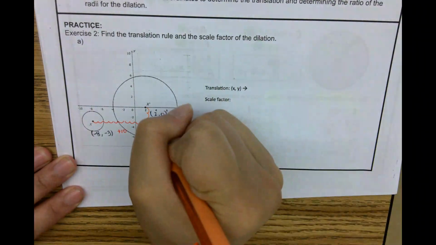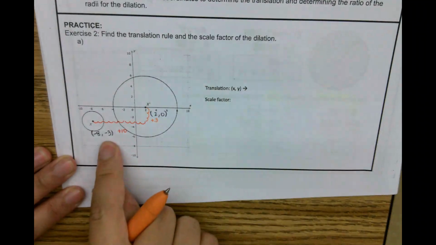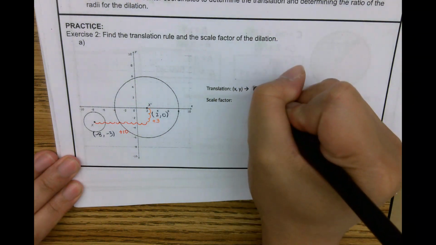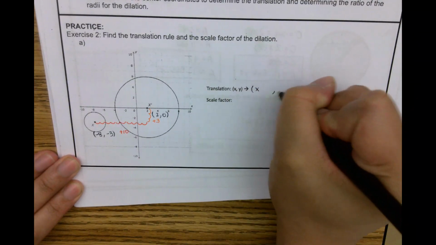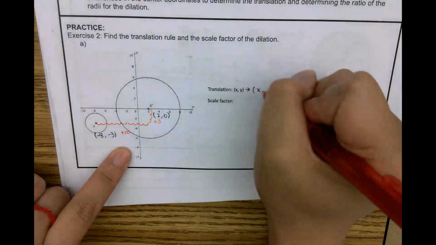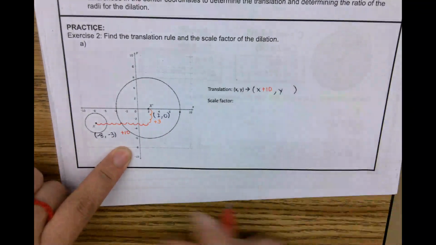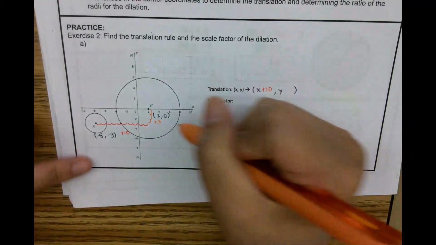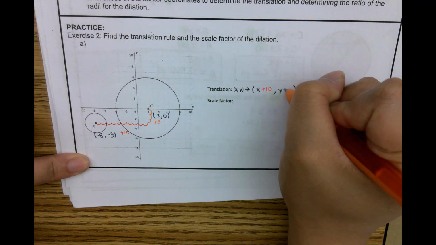And so it added 3, right? So -3 to 0, it added 3. So my translation is that from x and y, the x value added 10 to go from -8 to 2, and then the y value added 3.